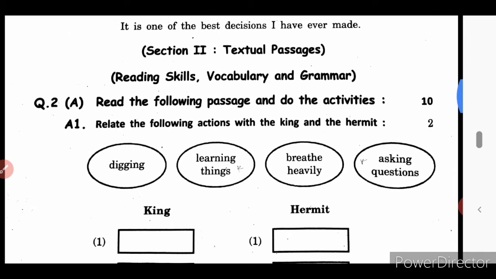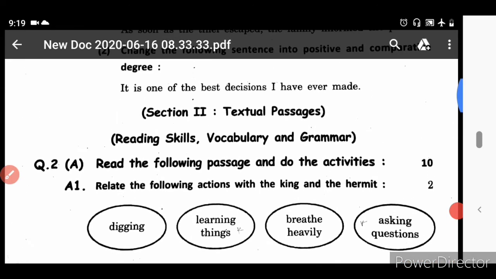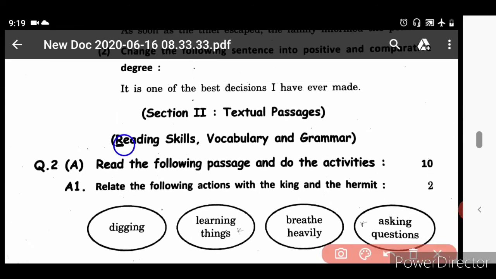And the second part is the textual passages for reading skill, vocabulary, and grammar. One passage is for 10 marks.